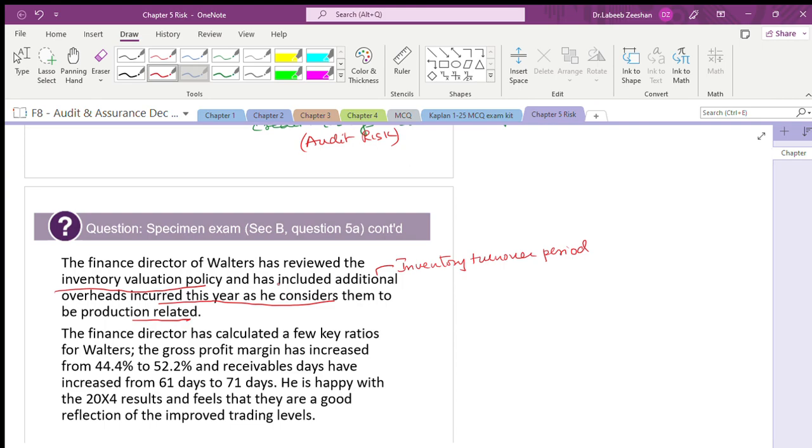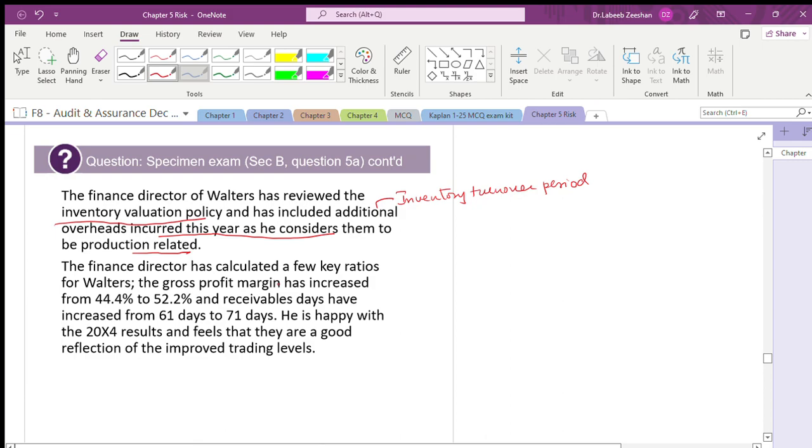Now what they have done is that the Walters director has calculated key ratios. Gross profit margin has increased from 44.4% to 52.2%. Fine.